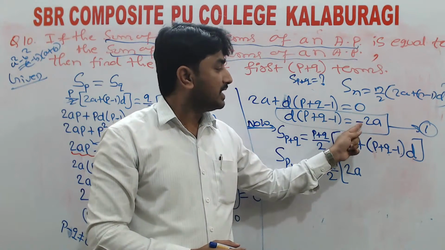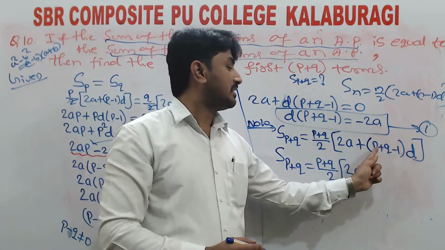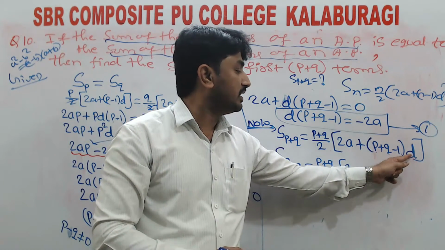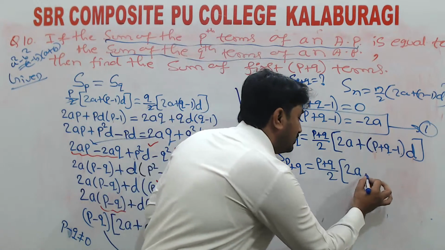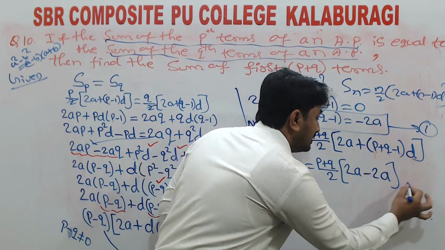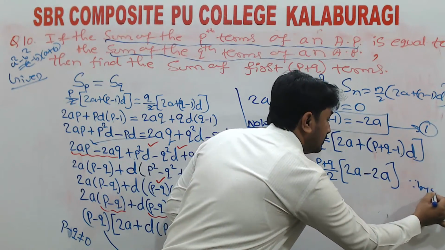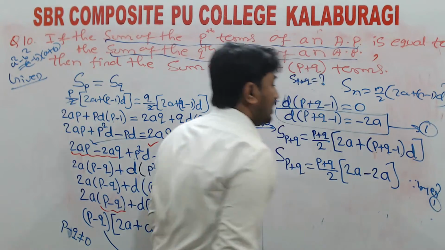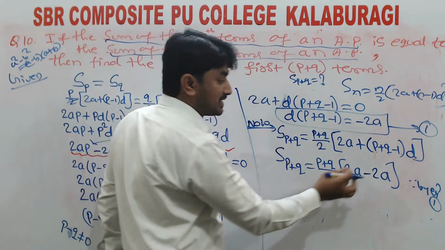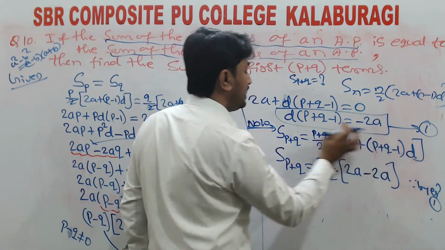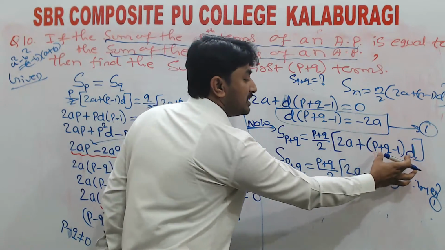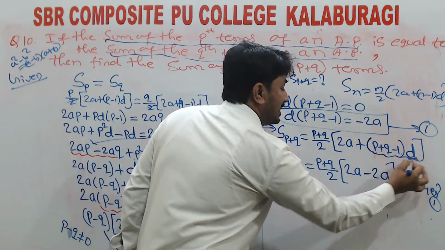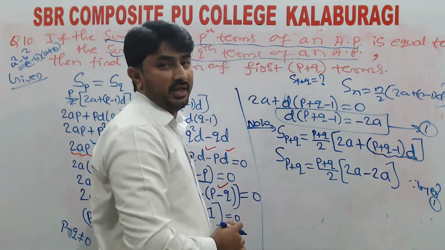Minus 2a. So I am replacing (P plus Q minus 1) into D with minus 2a, since by equation 1, (P plus Q minus 1) into D, its value is minus 2a.